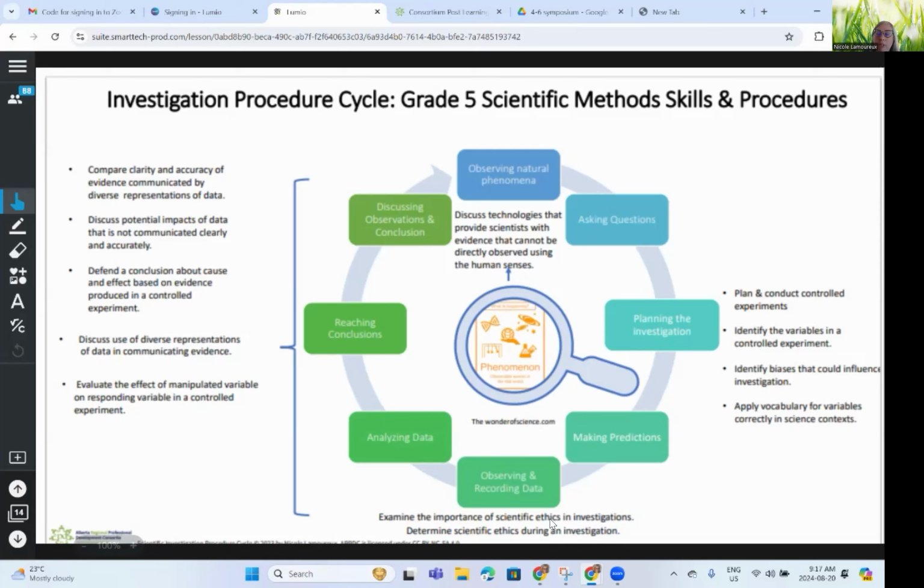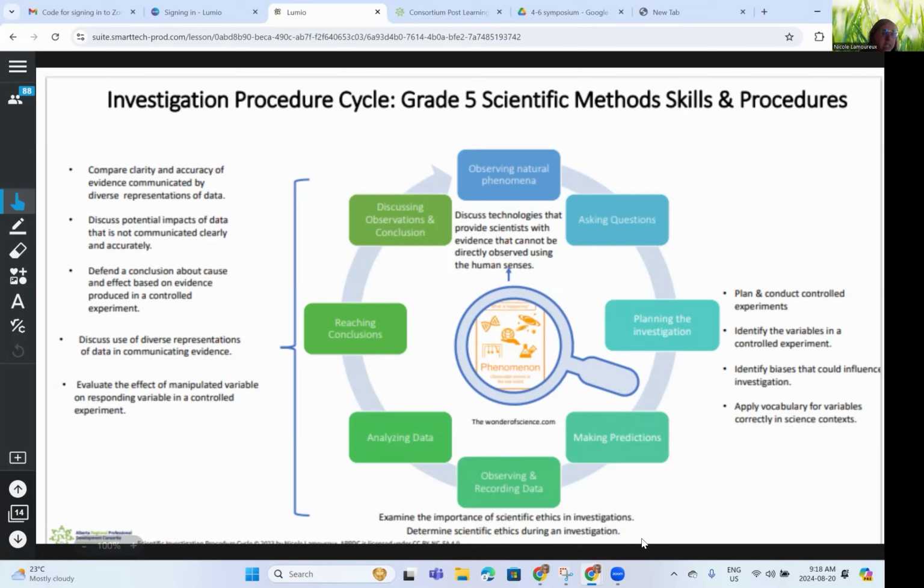Okay, examine the importance of scientific ethics. That could happen arguably during the planning phase or observing and recording. That can happen throughout different phases as well. So, they could be reflecting when they record their observations, is this ethical, right? They should think about that prior.